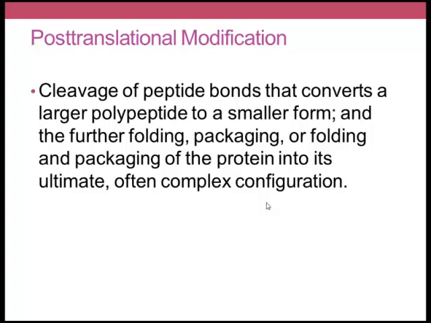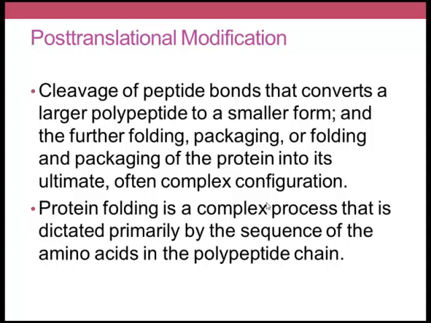So modification may occur via certain reactions like hydroxylation or phosphorylation, and may occur by a change in the size of the polypeptide chain, like cleavage, or a change in its configuration, like folding.